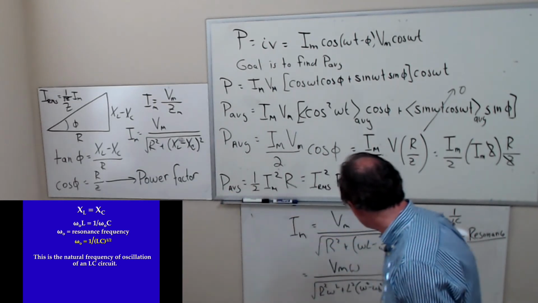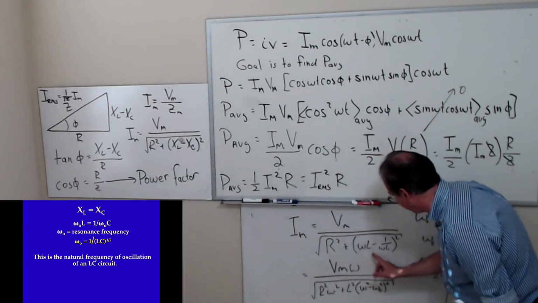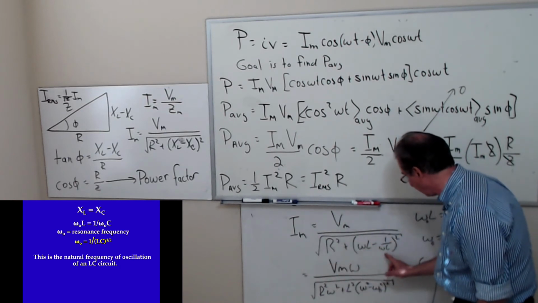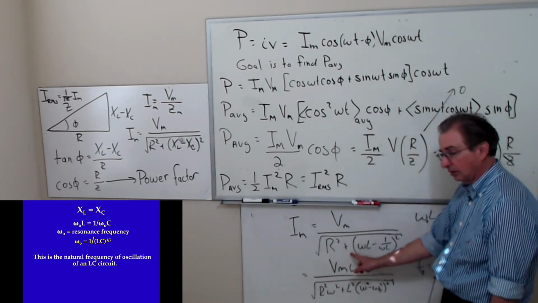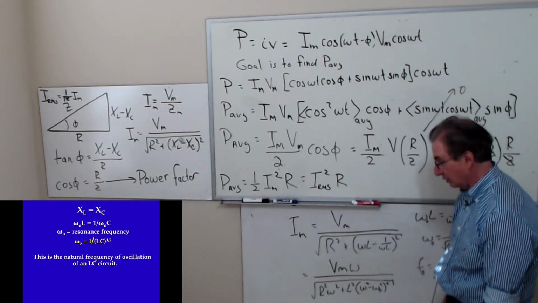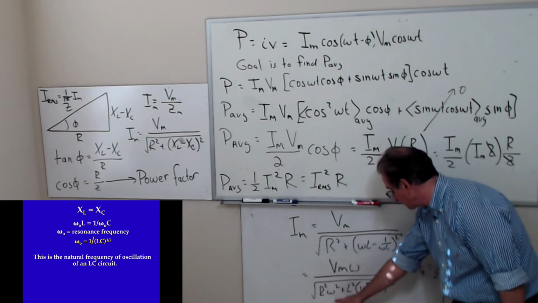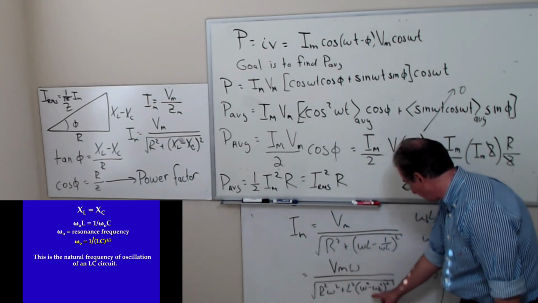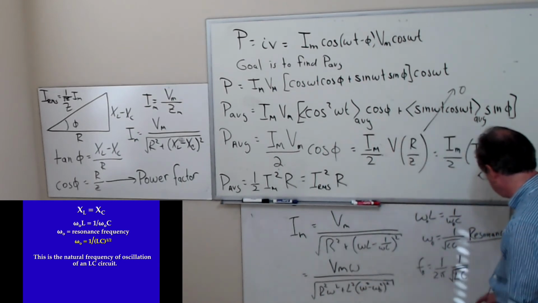The denominator, again, is basically this. I just factor out the omega, and then I factor out an L over here. This is the square root of R squared omega squared plus L squared times omega squared minus omega naught squared, the quantity squared. Okay.